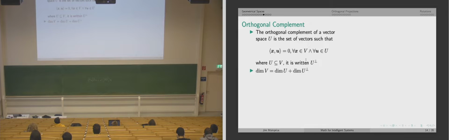A thing is that the dimensionality of V is equal to the dimensionality of U plus the dimensionality of the complement. Yeah, we didn't define V actually. U is a subvector space of V, and it's the complement in V that we are looking for.